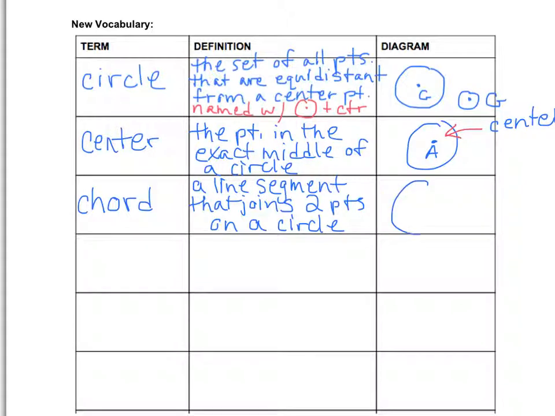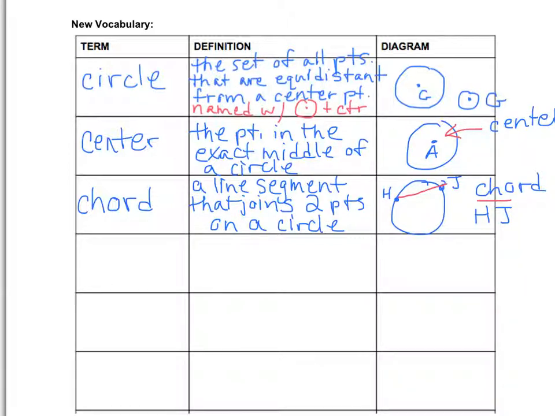So here's my sketch. If I just pick 2 points on the circle, then I could say that my chord is the line segment between those 2 points, and if we called them H and J, then if I asked you to write a chord, you would say that this is chord HJ, and guys, don't forget, since it's a segment, you need to have that segment bar over the top.